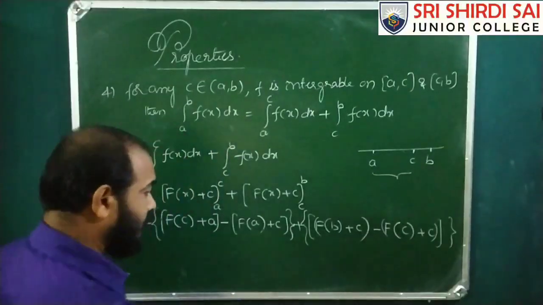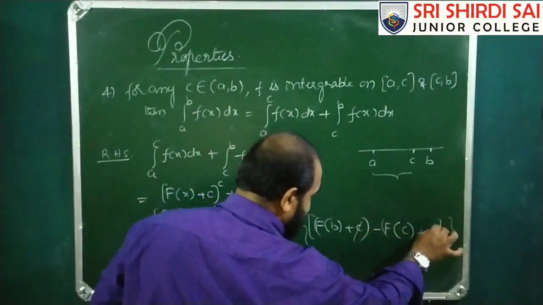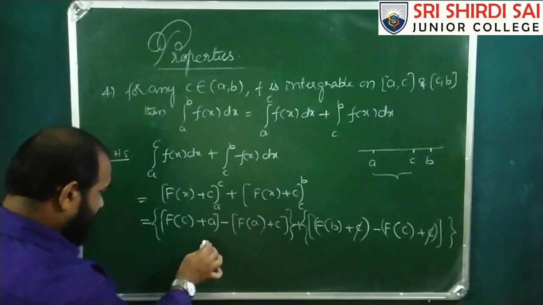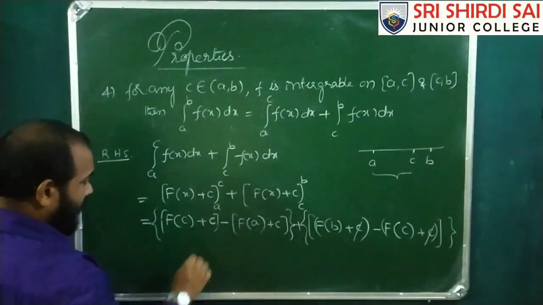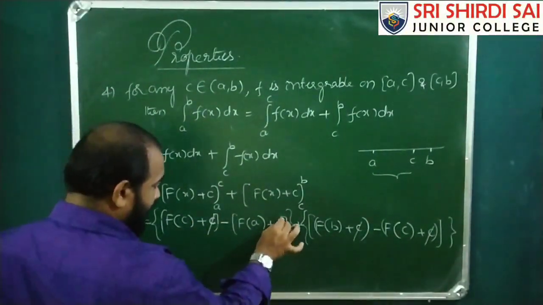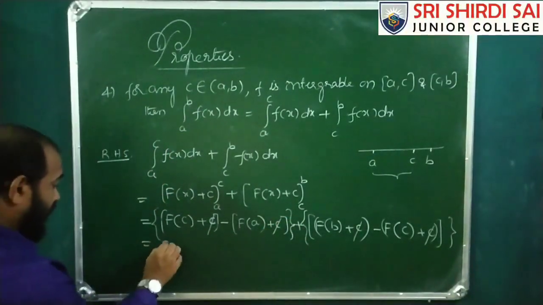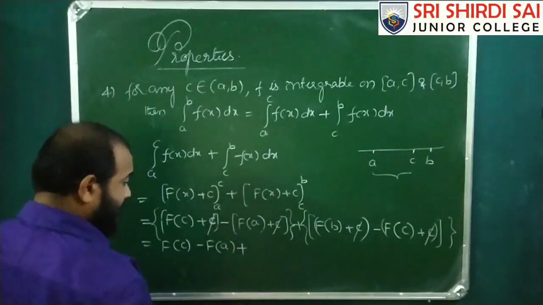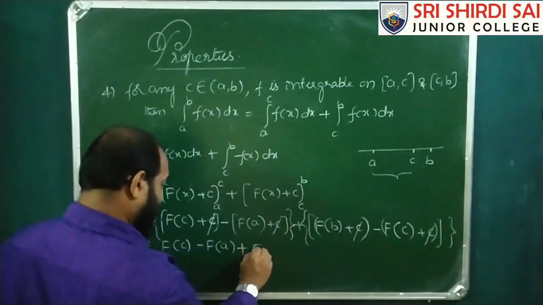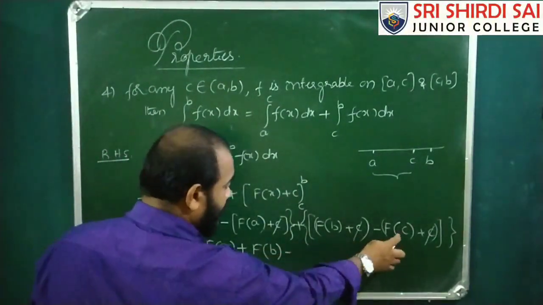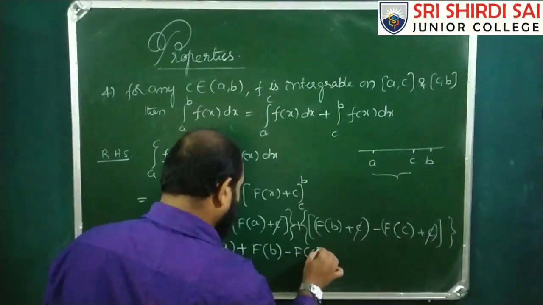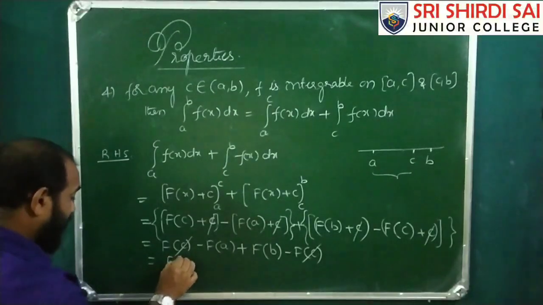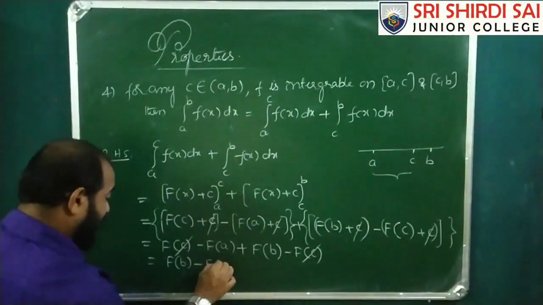Now this plus c minus c gets cancelled, this plus c minus c gets cancelled, we are left with F of c minus F of a plus F of b minus F of c. Minus F of c plus F of c gets cancelled, we are left with F of b minus F of a.